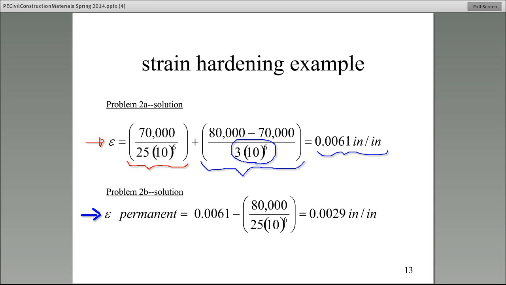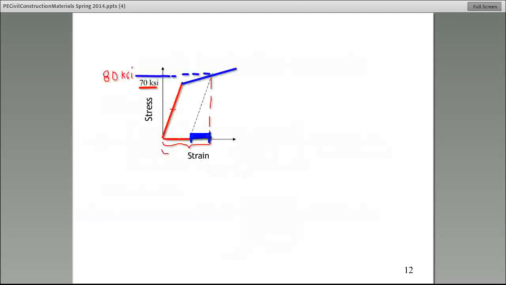look over here, this 25 million, that is the slope of the red segment, and the reason we use it here is because that happens to be the same as the slope of this segment that you will see here. This segment here.